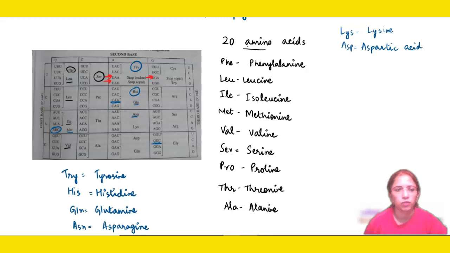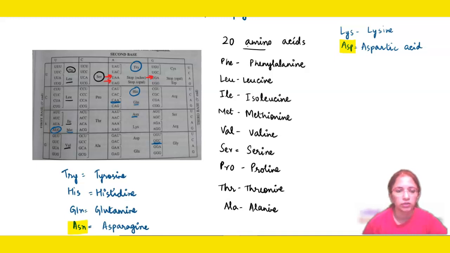Remember, here one thing is again important. Let me pinpoint here ASN, and here I have written ASP, right? So there is a difference. Aspartic acid is a dicarboxylic amino acid, whereas asparagine is an amino acid that contains 2 amino groups. Okay, so don't get confused. ASP means aspartic, ASN means asparagine.